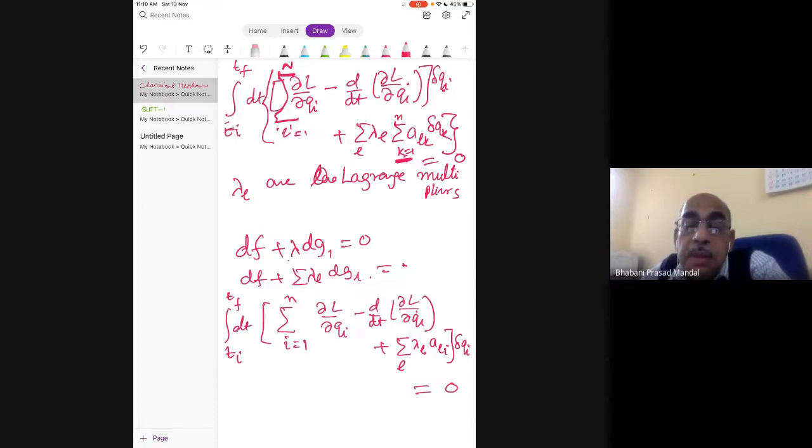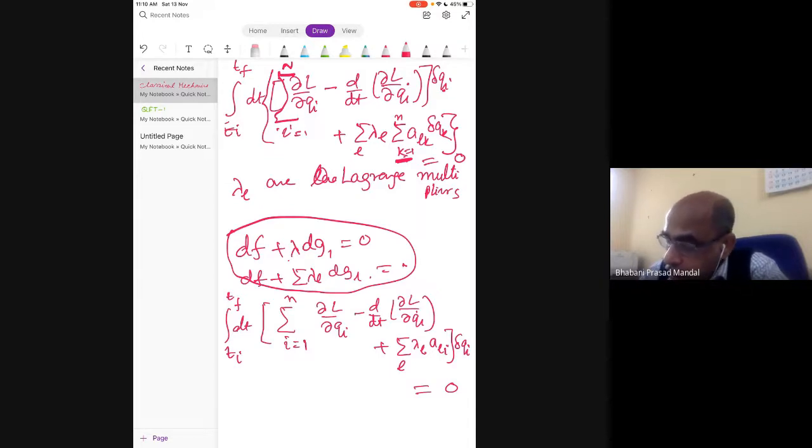Now the problem is that these q_i for all n values are not independent. I explained this in the case that x, y, z are not independent, but we put in additional lambda_l.